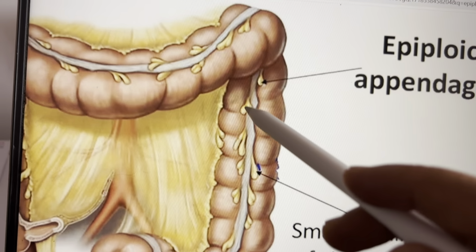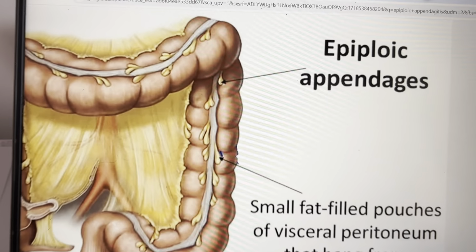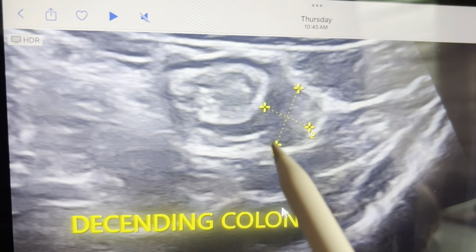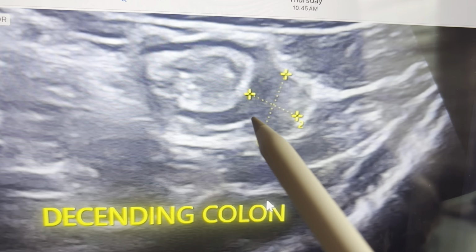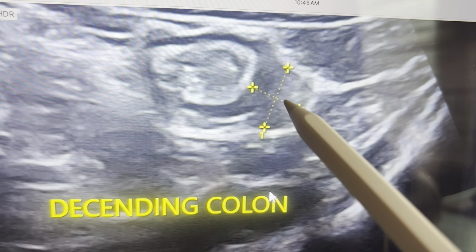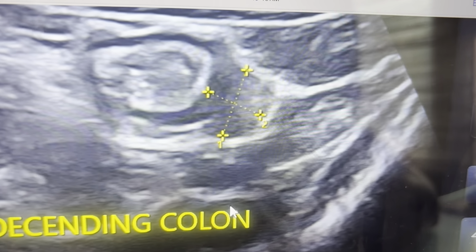So it is quite logical that these fat droplets have a size of nearly 8 by 6 mm only. And the second thing is, it is located in the periphery of this descending colon, and it has some connection with the surface of the descending colon.